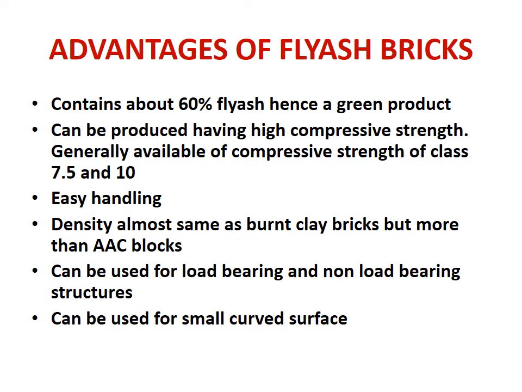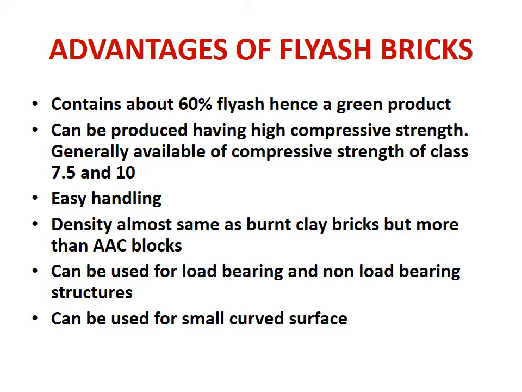Advantages of fly ash bricks are that they contain about 60% fly ash, hence a green product. And as we have seen, AAC block contains only about 20% fly ash. Another advantage is that they can be produced with high compressive strength, and normally 7.5 and 10 we are using in our masonry work.